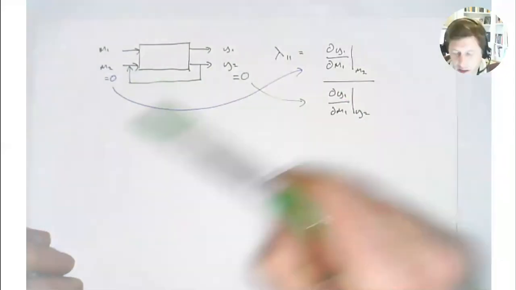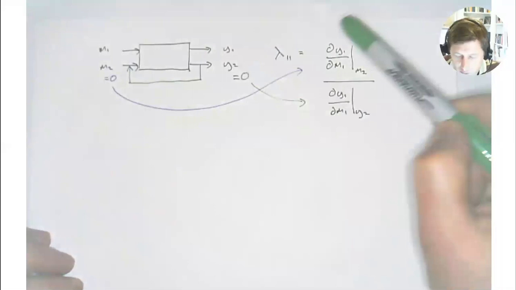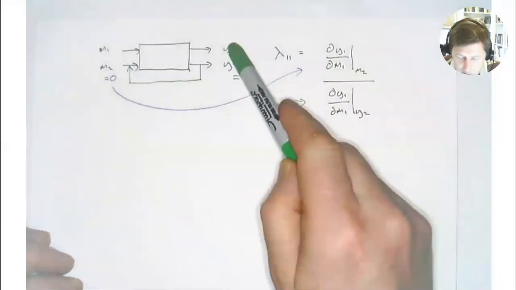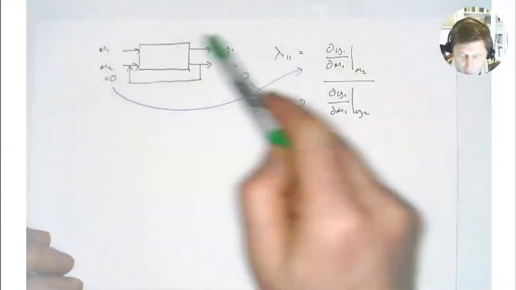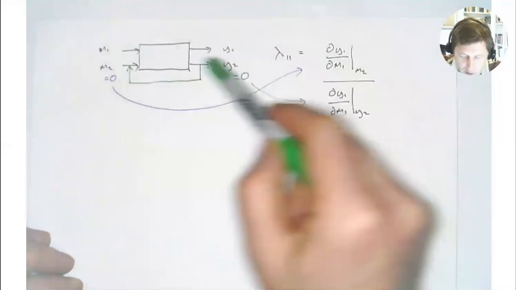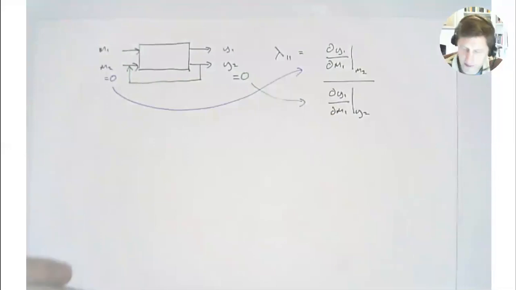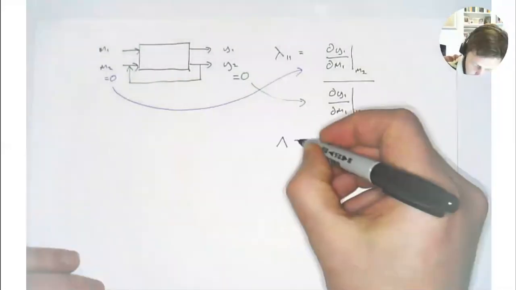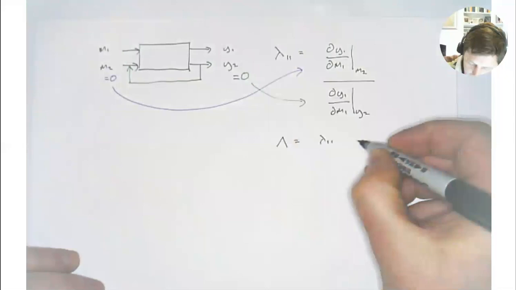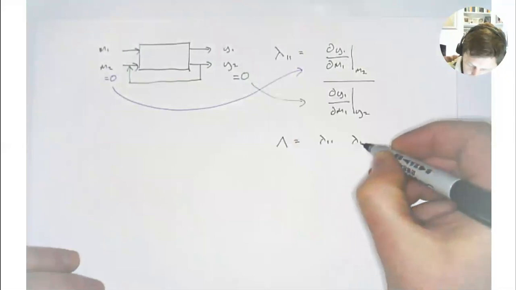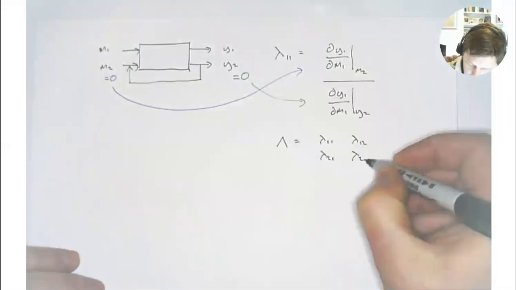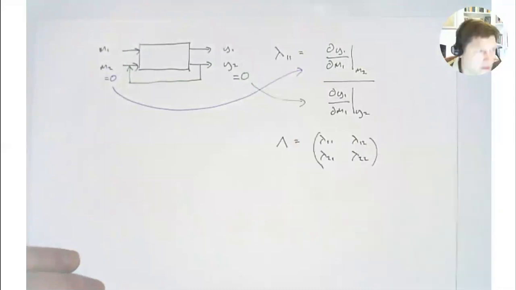And obviously we've calculated this for lambda 11 here, but there are 4 possible ways of doing that. Y1 to M1, Y1 to M2, Y2 to M1, Y2 to M2. And so out of that we can make a matrix, which we call the relative gain array, which is composed of those different elements, like that.